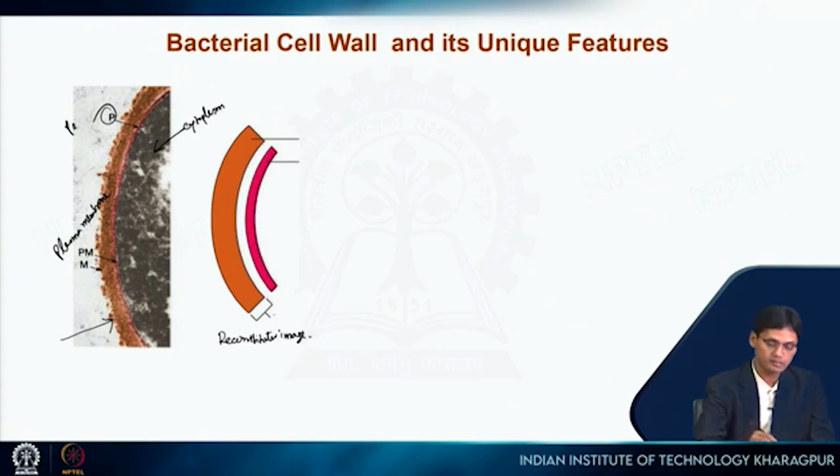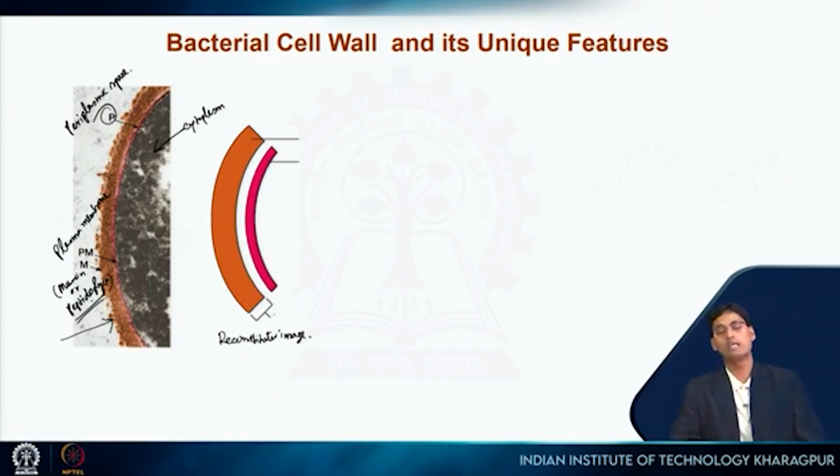So this is periplasmic space, and this is M. M stands for murin or peptidoglycan, same thing. This is the major component of the bacterial cell wall.